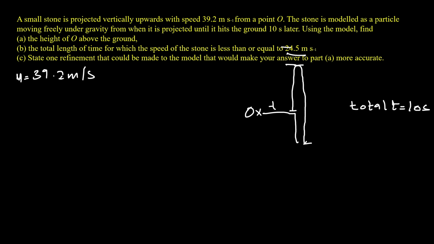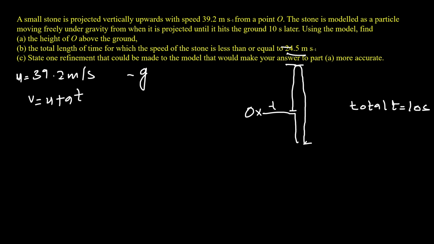To calculate that time, we will use V equals U plus AT. Final velocity is equal to initial velocity plus acceleration times time. In our case, in place of A, we will use minus g because it is opposing our motion.